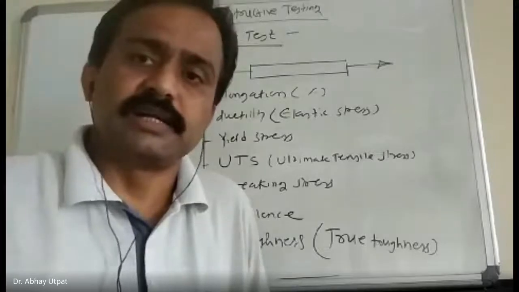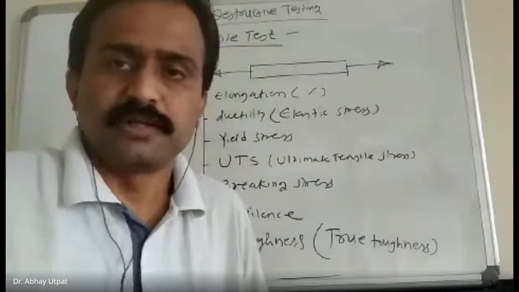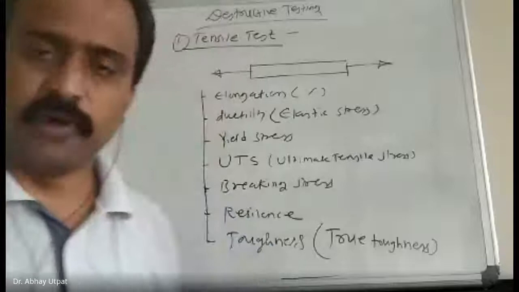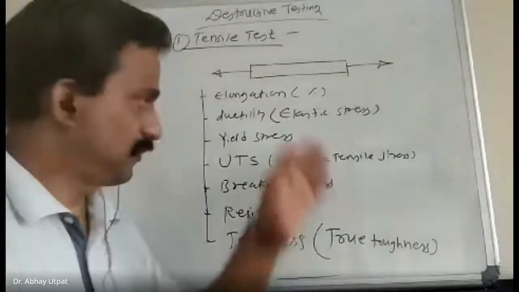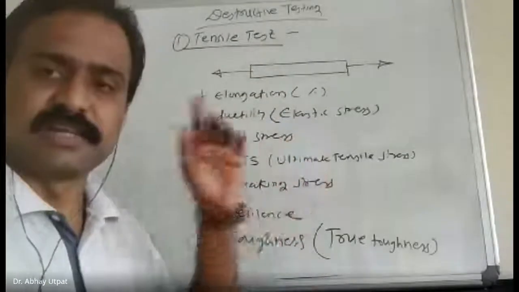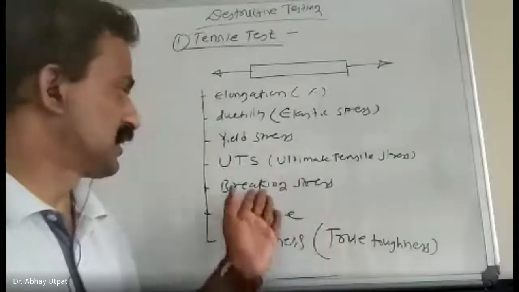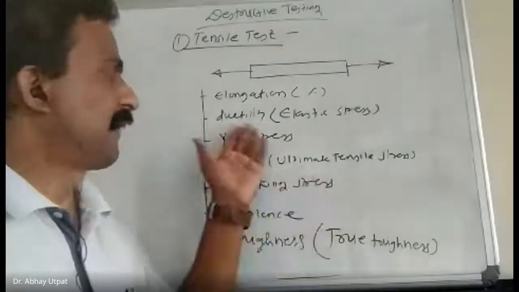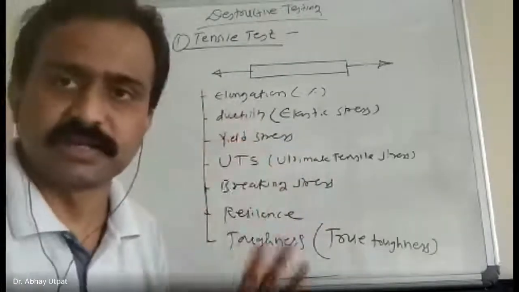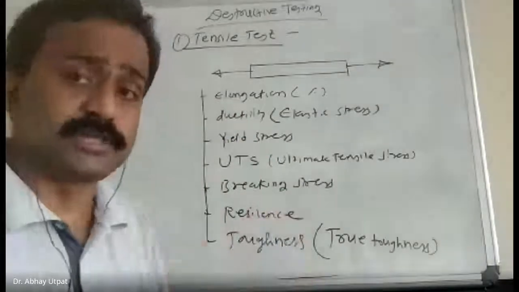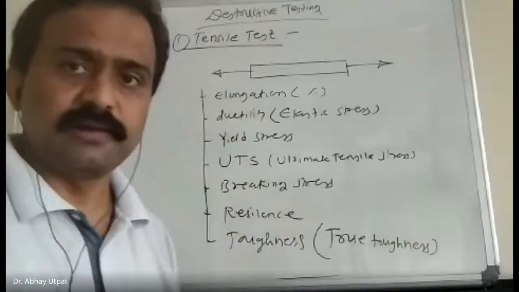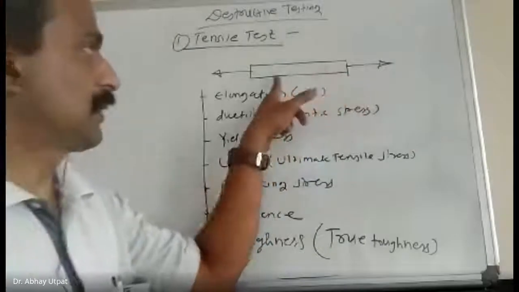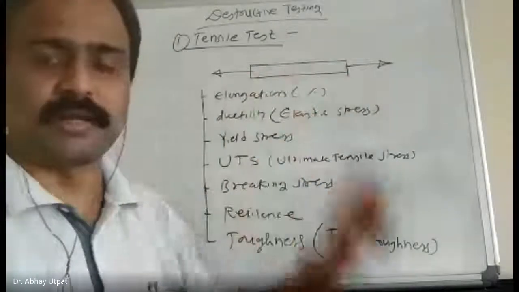How is the tensile testing experiment carried out? The aim: you understand why the tensile test is carried out. It is carried out to know yield stress, ultimate tensile stress, ductility, percentage elongation, etc. Then how is it carried out? A simple mechanism or schematic diagram is shown. You have to pull your part axially.